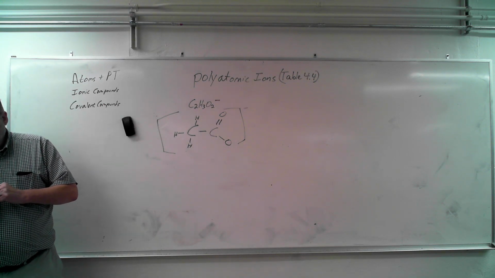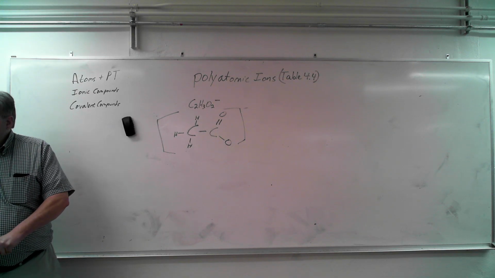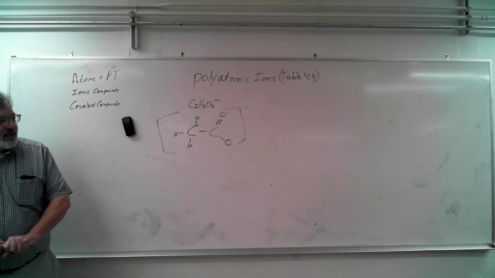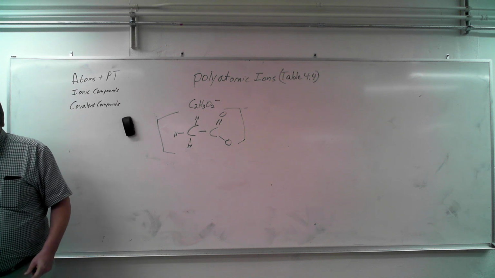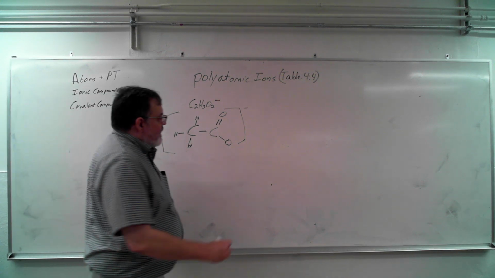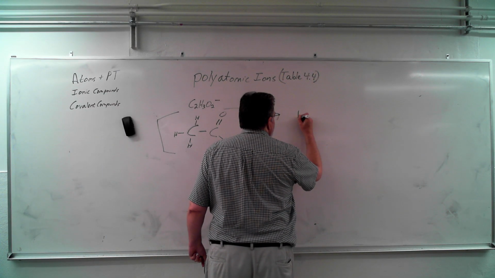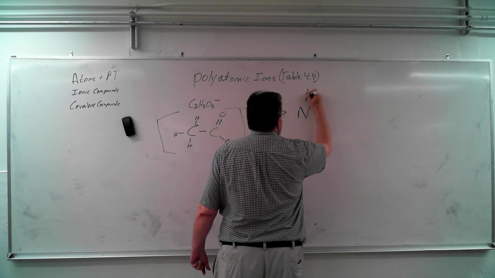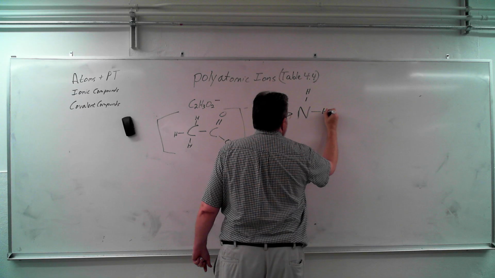But just to show you what a polyatomic ion actually is, it's a covalent compound that we haven't studied yet. It just so happens that it's charged and it has its own name. I'll give you another one that's on that chart.